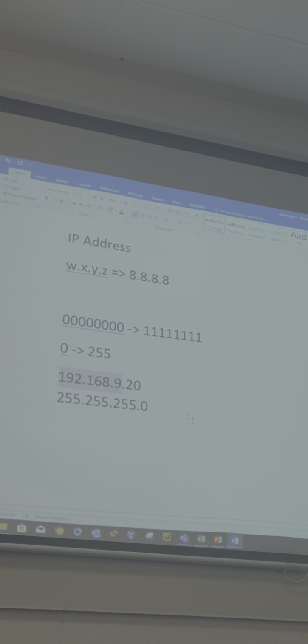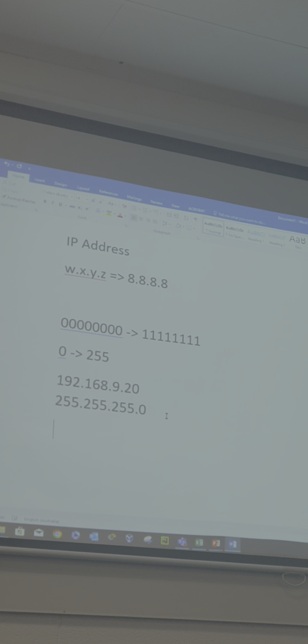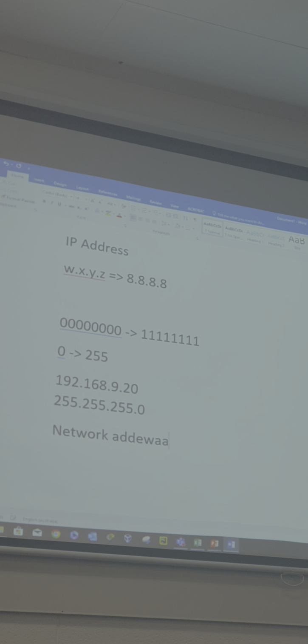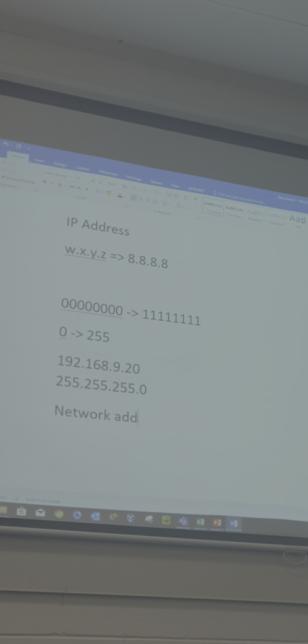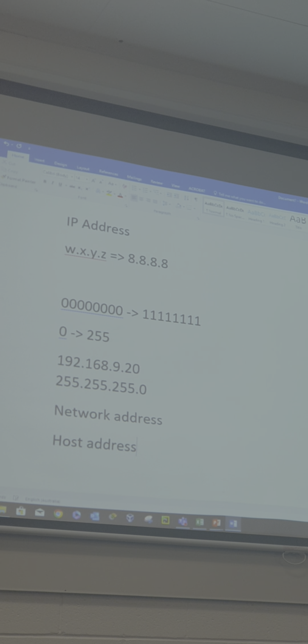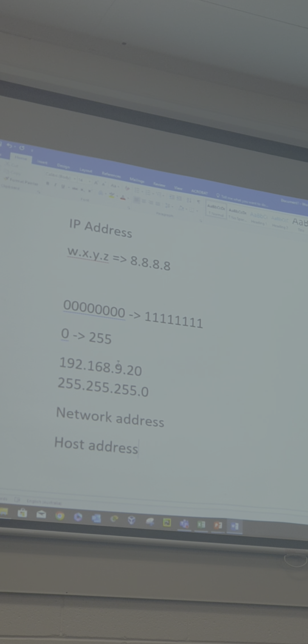Where there's a 255, that is the network address. And wherever there is a 0, that is the host address. So remember we were talking about IP addresses like endpoint to endpoint, my house to your house.